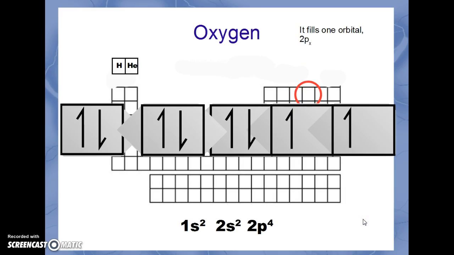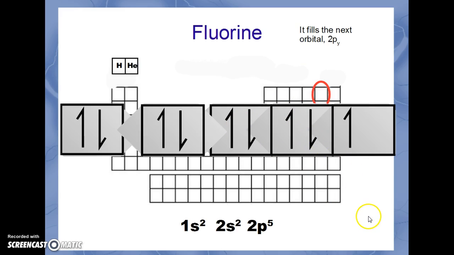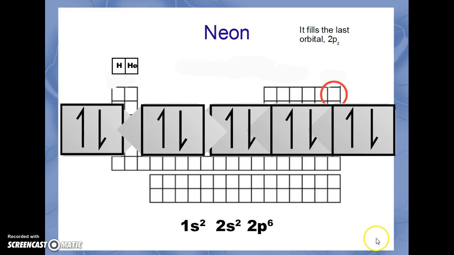Now we have half-filled all of the p orbitals in the second energy level, so oxygen, which has one more electron, will totally fill the px orbital. Fluorine will completely fill now 1, 2 of the 2p orbitals, and neon will fill all of the 2p orbitals.